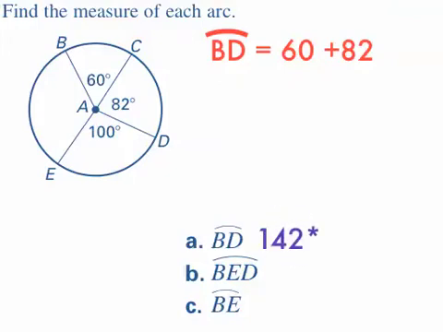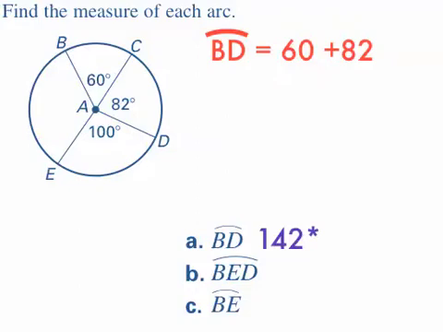Then they want us to find the measure of arc BED. We know they're talking about a major arc here because it's notated with 3 points. It's created by central angles BAE and EAD. Notice we do not know the angle measure for BAE right now because it's not given to us. However, I can find it by adding the angle measures that are given to us and subtracting those from 360.